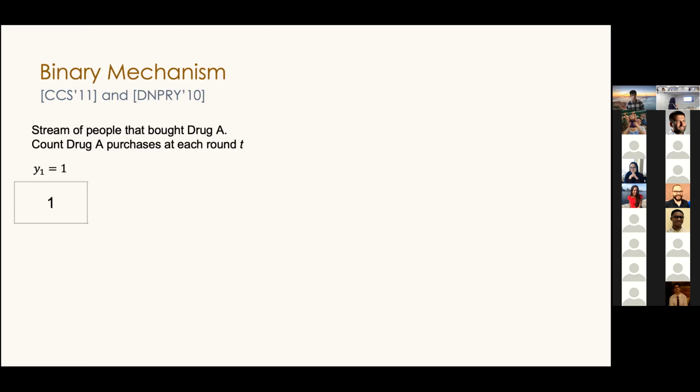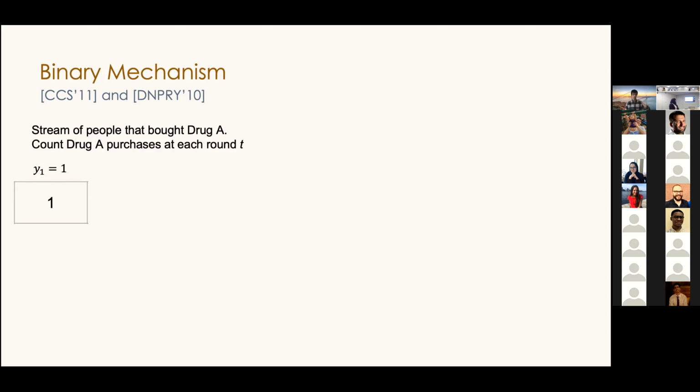Consider the query: give me a stream of people that have bought a particular drug from a pharmacy, and maybe every event is a customer entering the pharmacy. At each event, we have a 0 or 1 for whether the customer bought drug A. Right above each event, I'm going to show the streaming count.